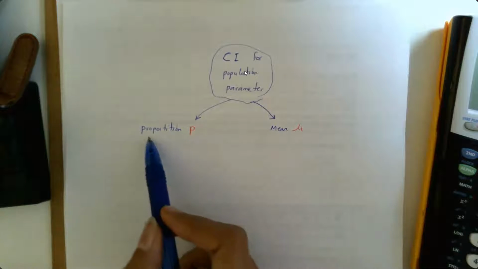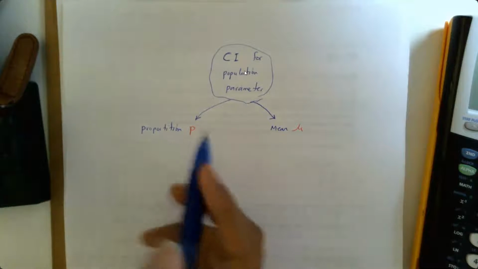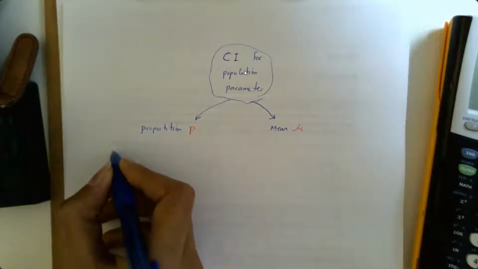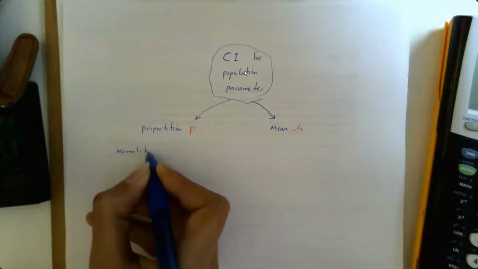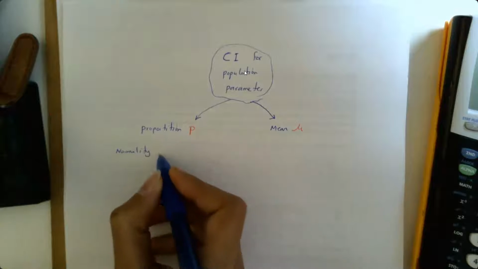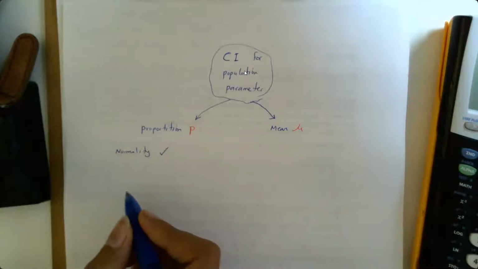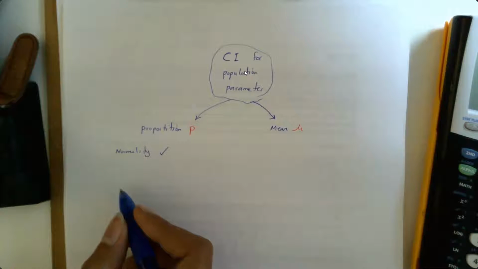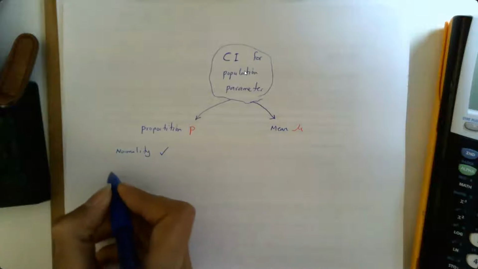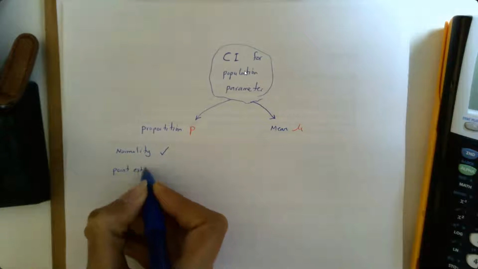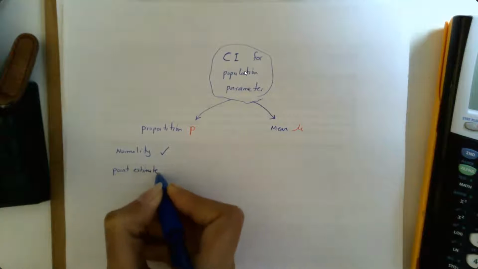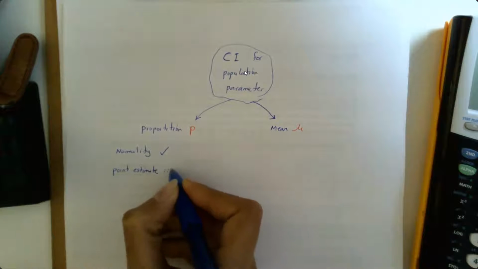When it's about proportion, we need to check normality first. Is the normality met? If the normality is met, we're allowed to go to the next step and find the point estimate. The point estimate is sample proportion.